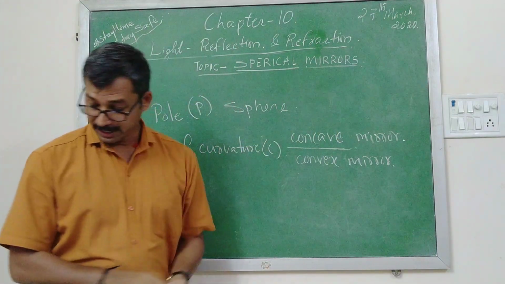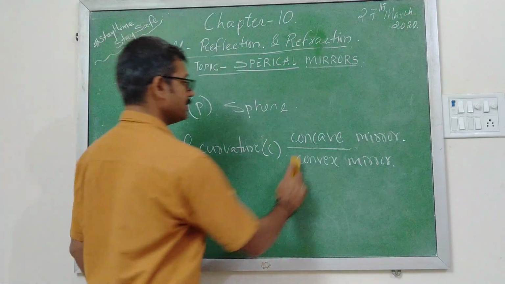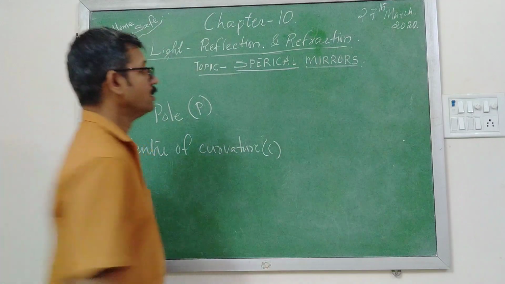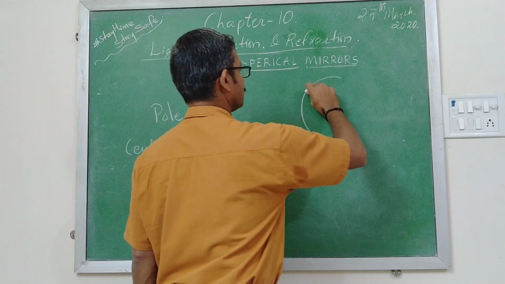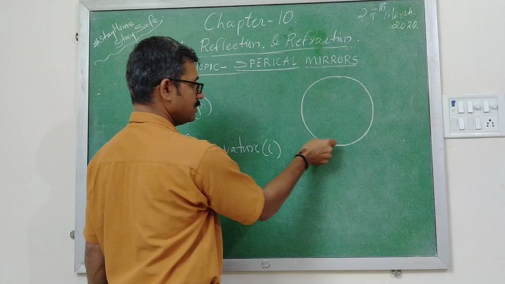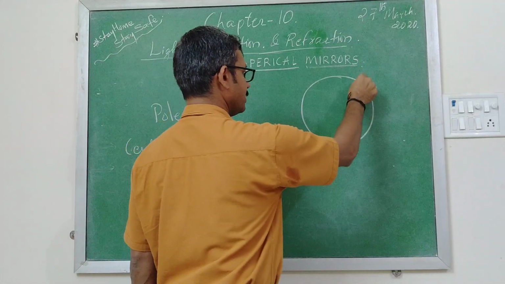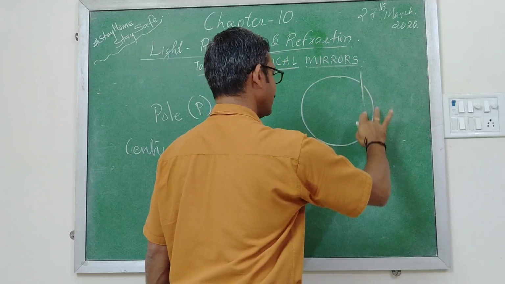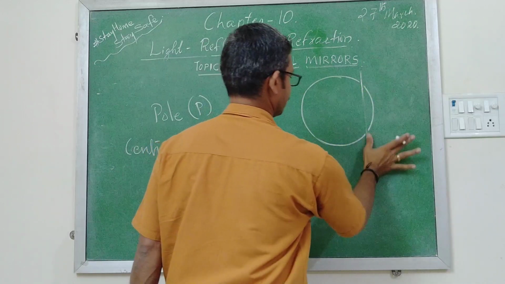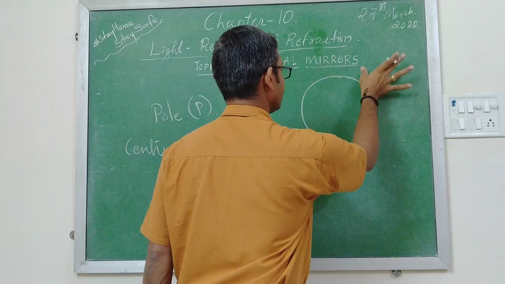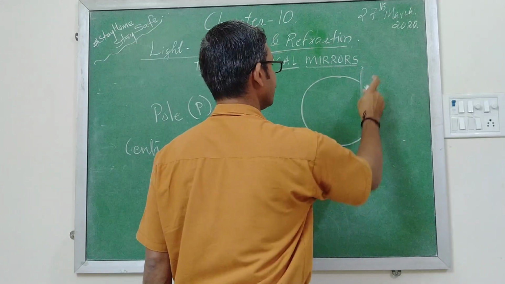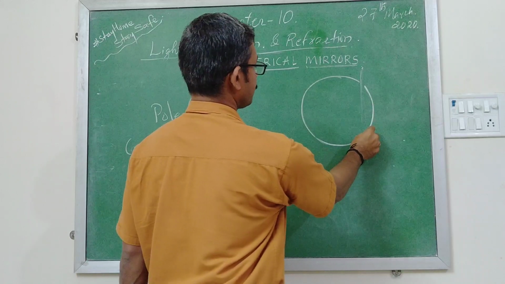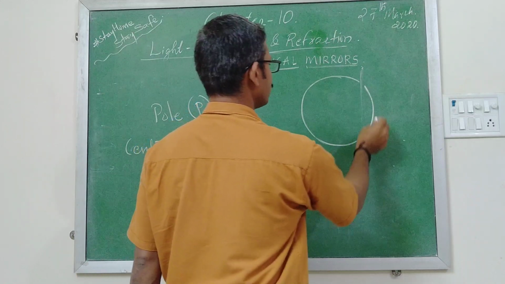Now diagrammatically, while representing it, just to see, a sphere from which a part is cut down. Which surface is to be shaded or coated depends on you.